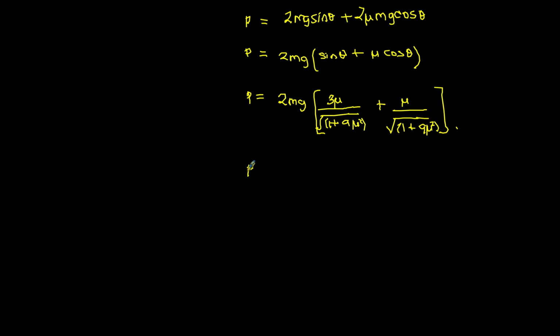Adding these two together, we have 4 mu over root of 1 plus 9 mu square.